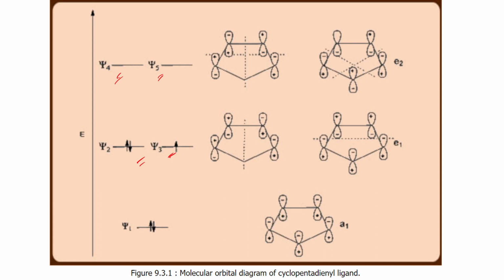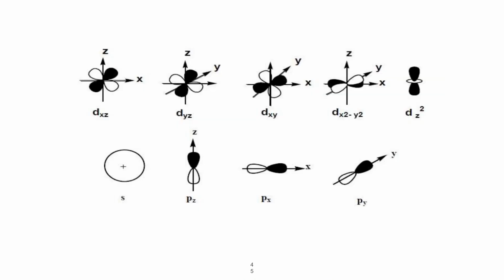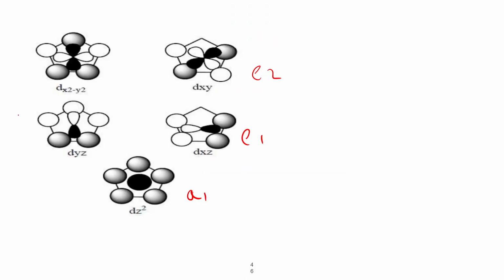Now, the picture that they have shown is from the above side, which will be easier to understand. Here you can see we are comparing different d orbitals.